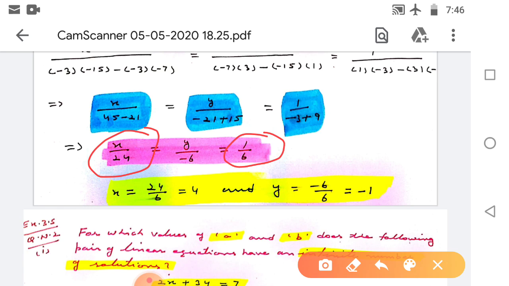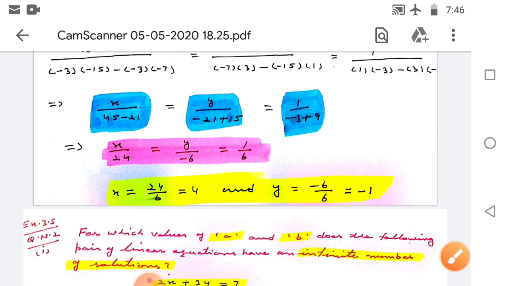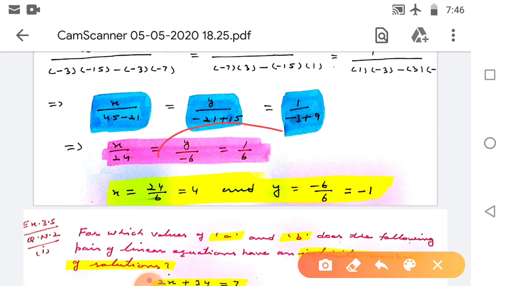So we get x is equal to 24 by 6. Right? So 24 by 6 is 4. Now take these two equalities. Y upon minus 6 is equal to 1 upon 6. So y is equal to minus 6 upon 6, and that is equal to minus 1. So y is equal to minus 1.